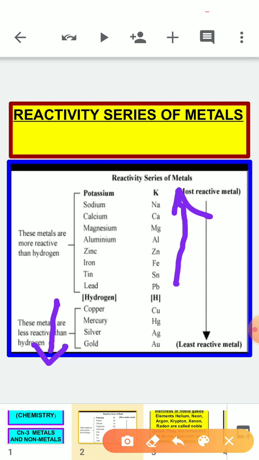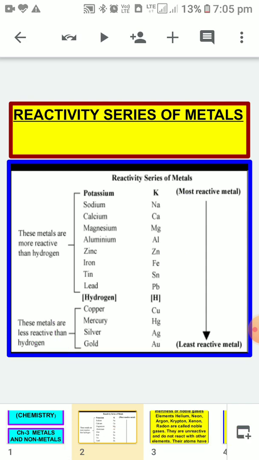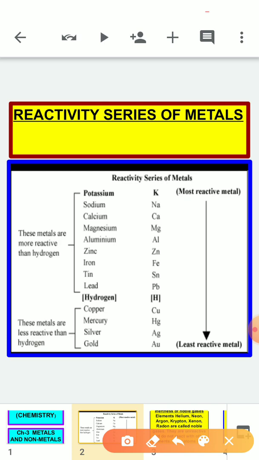And one more thing: if we are seeing the position of a metal, the metal which is placed above the other metal is more reactive.